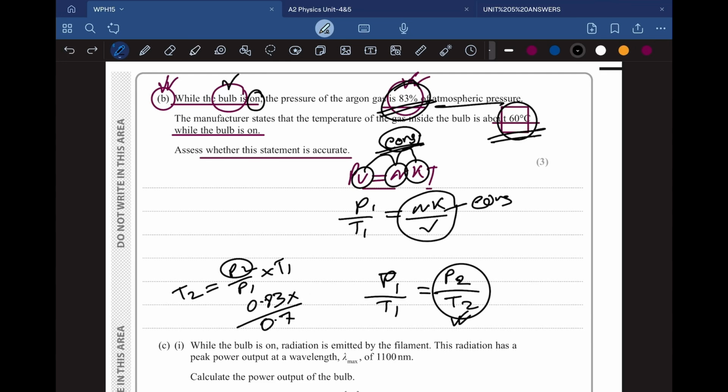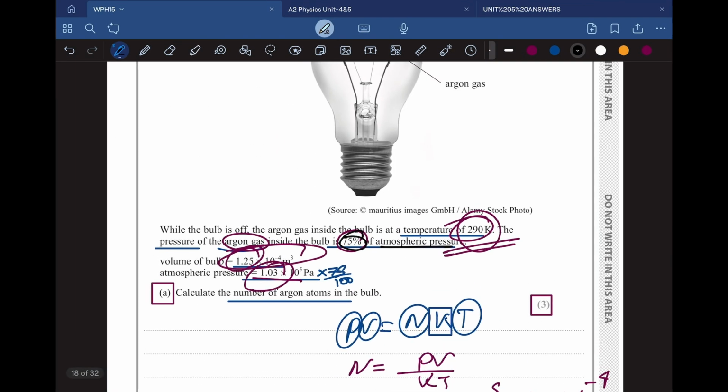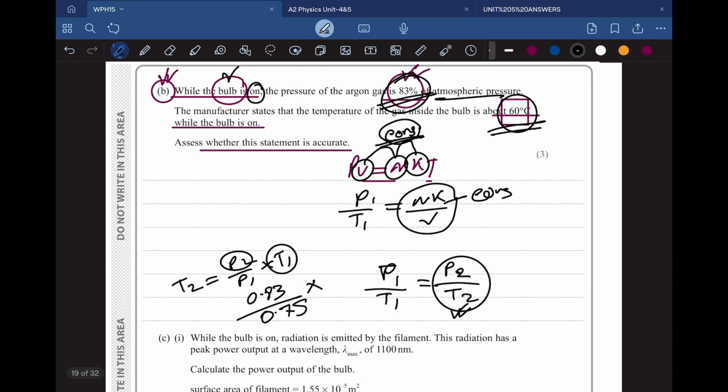Rather than writing the pressures, we can only write 0.83 by 0.75 into the temperature of 1, which was 290 Kelvin. So we can just write this down, 290 Kelvin. This will give us a value of temperature of 2 as 321 Kelvin.